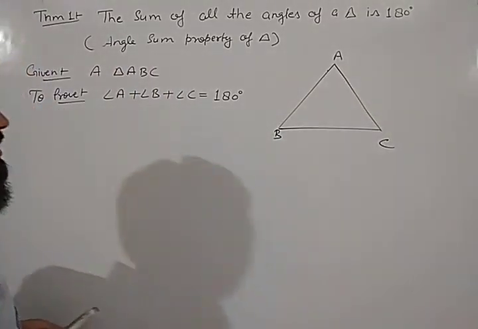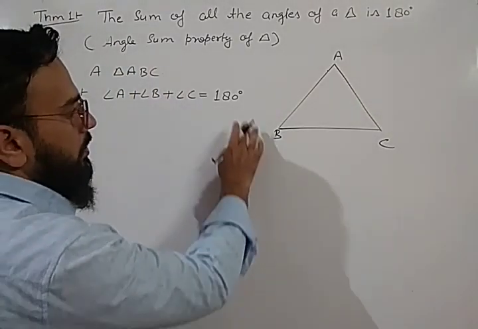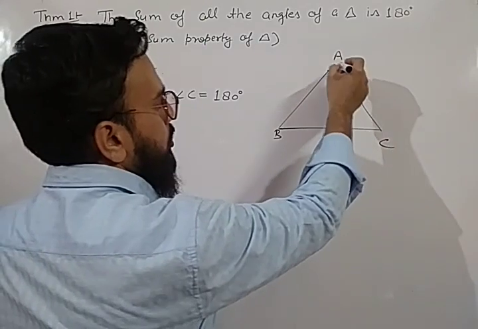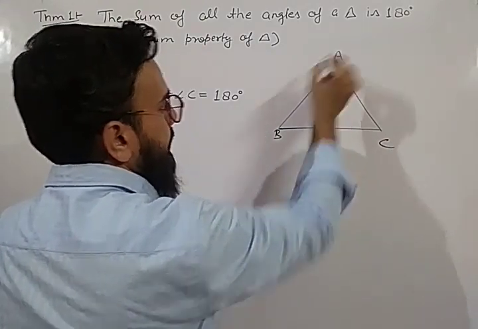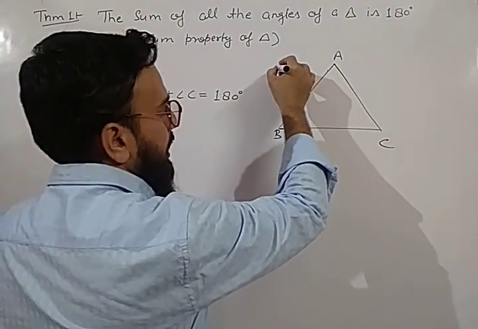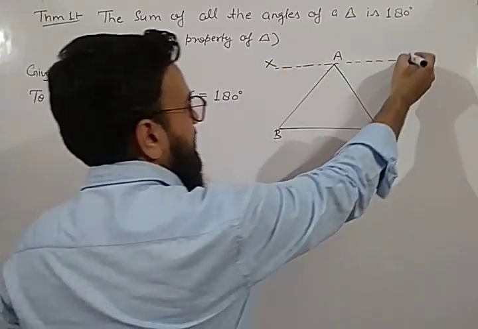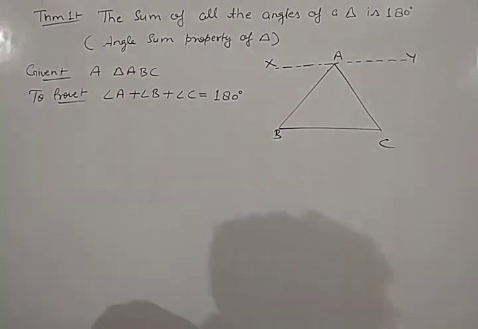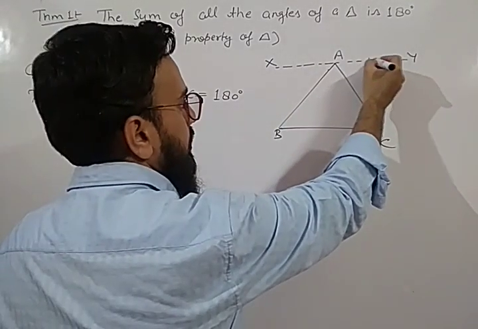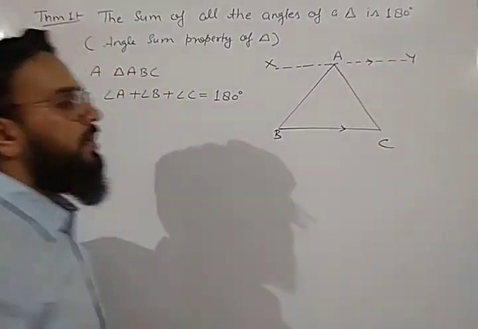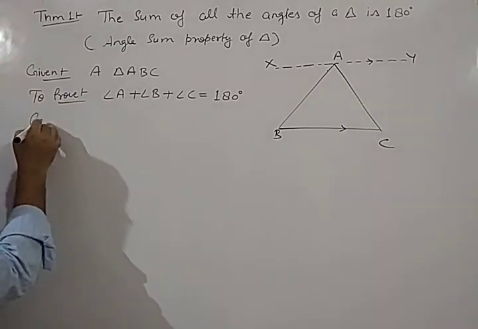So first I am going to draw a construction. What construction I am taking? I am drawing a line from point A, and that line should be parallel to BC. So let us consider a line XY passing through A, and this line XY is parallel to BC. This is our construction.